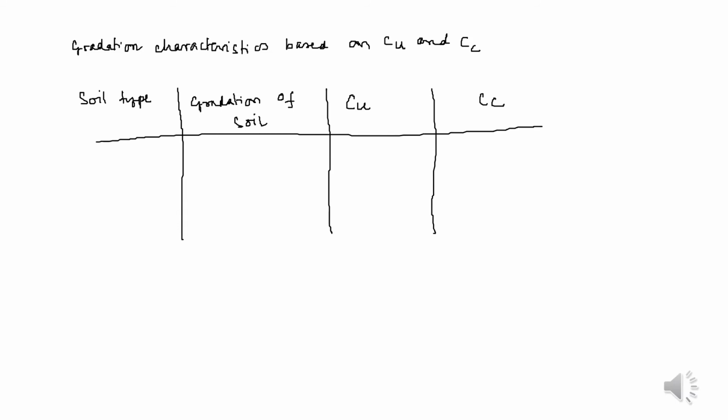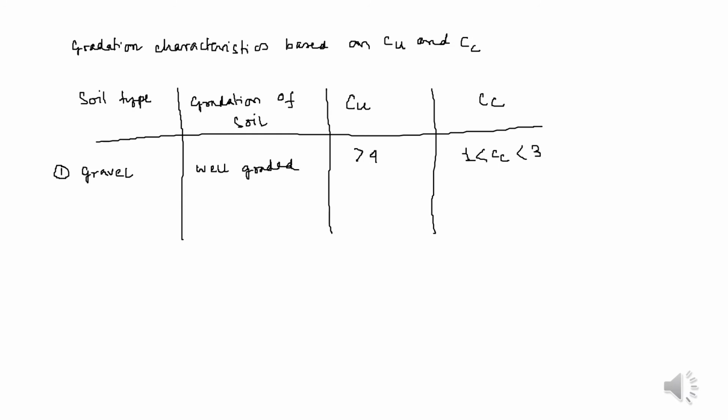Okay, so if my soil type is gravel and the Cu value is greater than 4 and the Cc value is between 1 to 3, we can say my gravel soil is well graded.